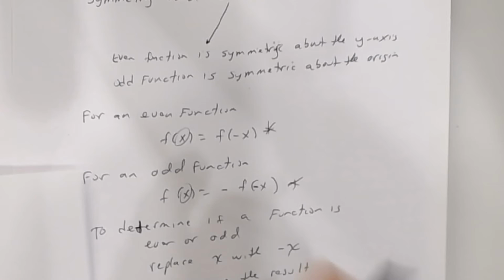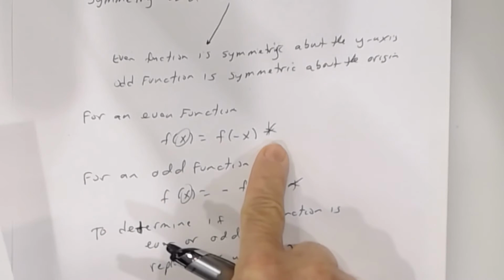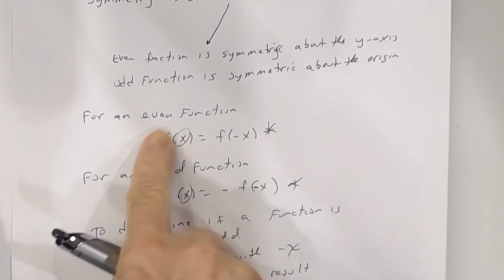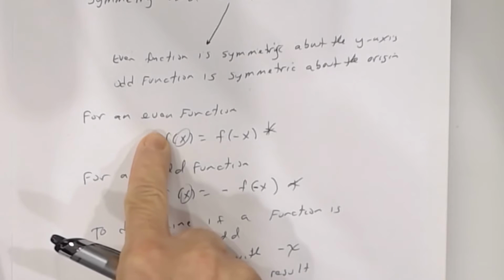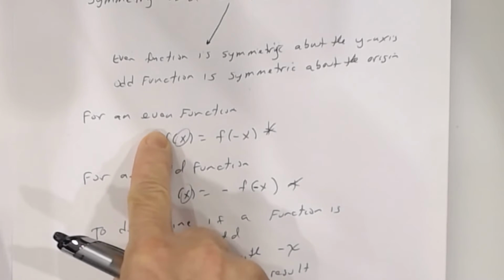And if you go back to our discussion earlier, if f of x is the same as f of negative x, then it's what kind of function? Even, so it's symmetrical about the y-axis. So basically it's this.